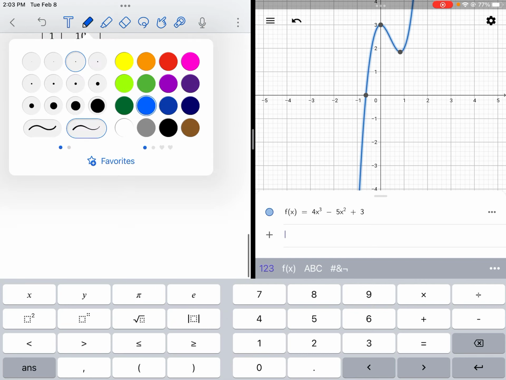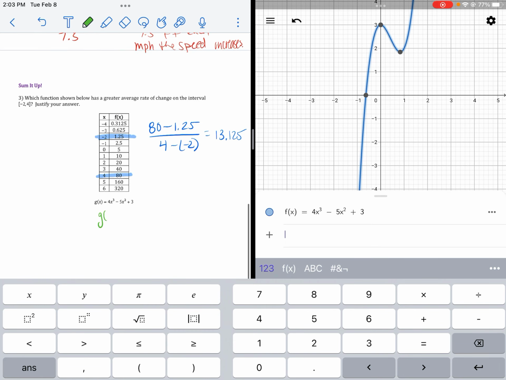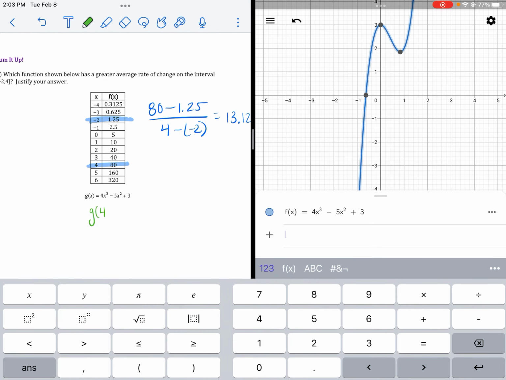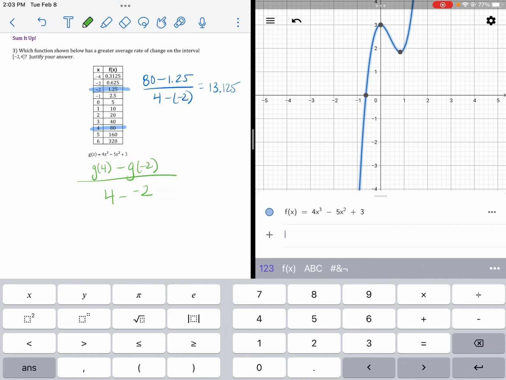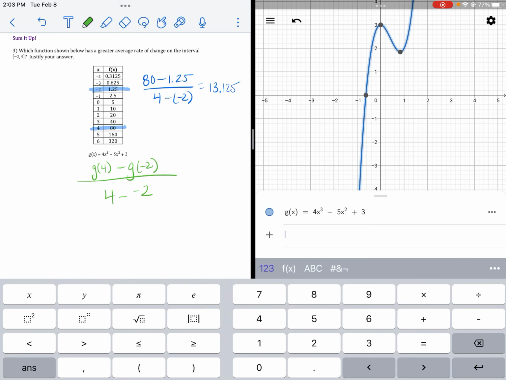For this one, I'm going to do g of 4 minus g of -2, and then put that over 4 minus -2. In the calculator, though, I'm going to have to use f of x. I bet I could go up and change the name to g, so I could use the same notation that I wrote.